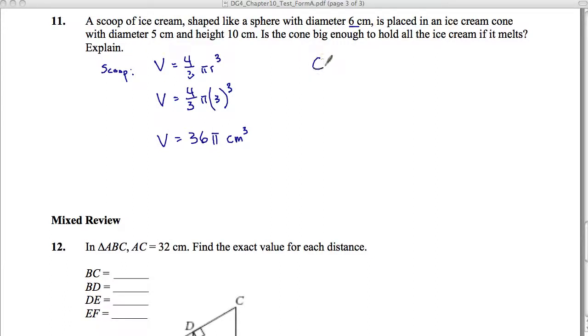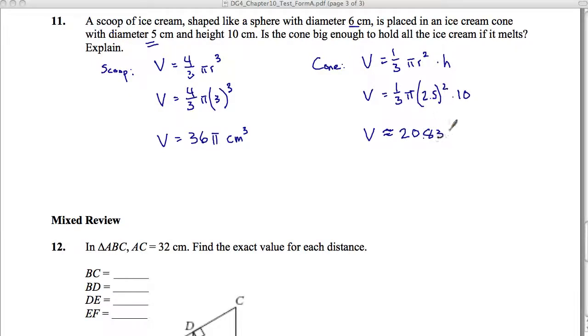Now let's look at the cone. On the cone, its volume is 1/3 area of the base, or pi r squared, times the height. So let's again substitute in what we have, 1/3 pi, and here the radius is going to be 2.5, right, because the diameter is 5. So 2.5 squared times the height, which is 10. Alright, so here we are, 2.5 squared times 10 divided by 3, and pi of that, we get that the volume is equal to about 20.83 pi.